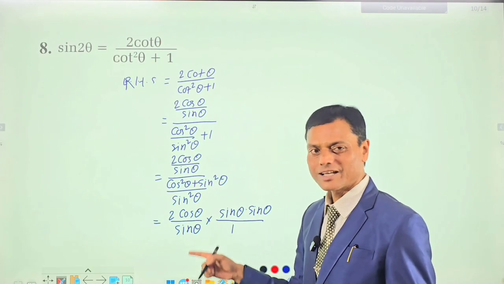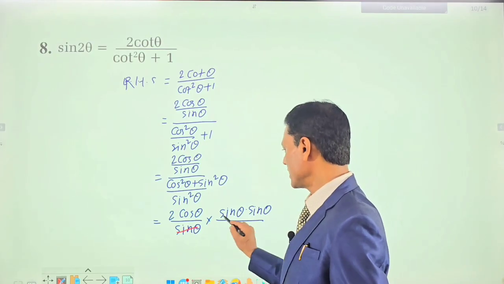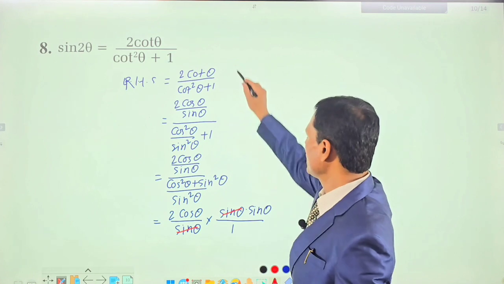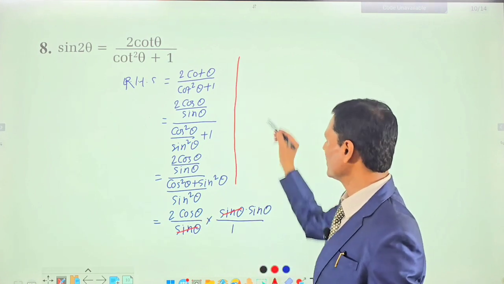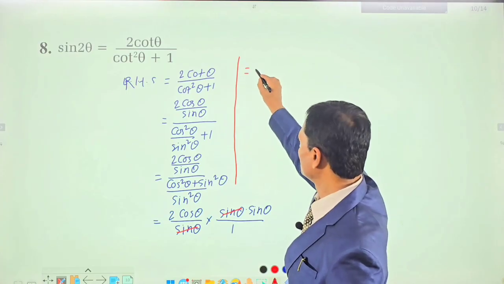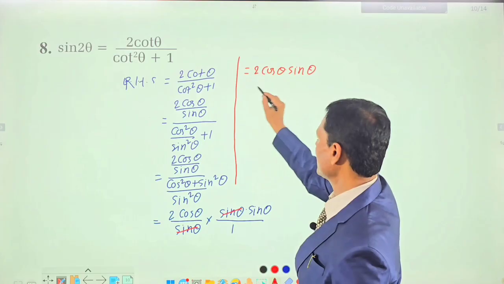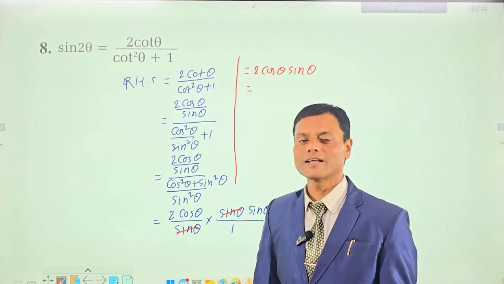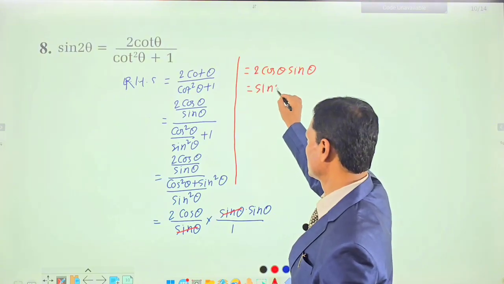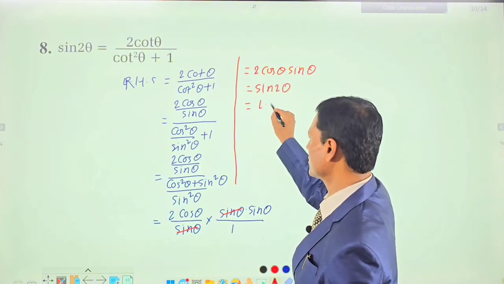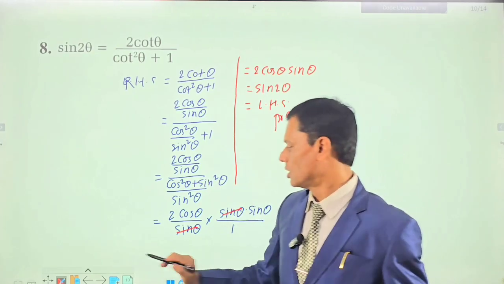Now we can cut sin and sin. So remaining we have 2 cos theta sin theta, and 2 cos theta sin theta or 2 sin theta cos theta, same thing. We can write sin 2 theta. That's equal to the left hand side, and we can write proved.